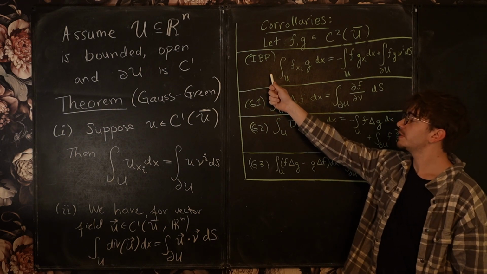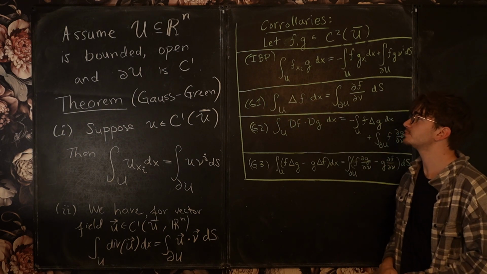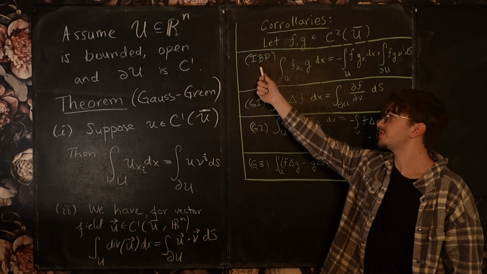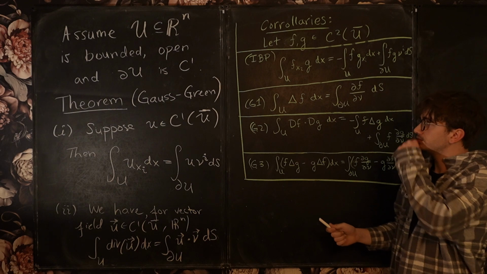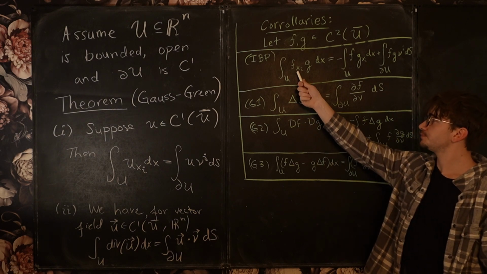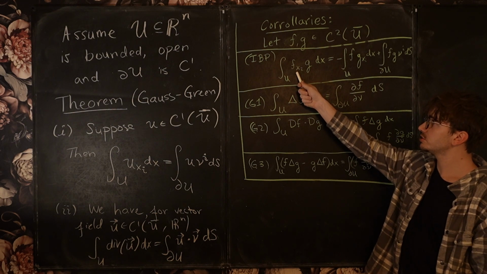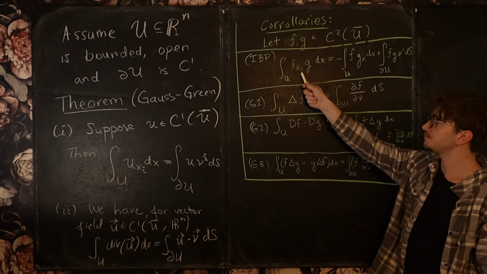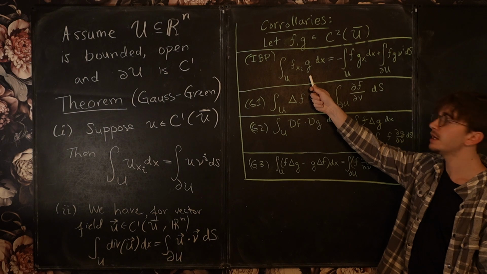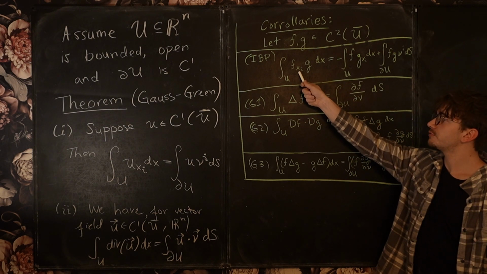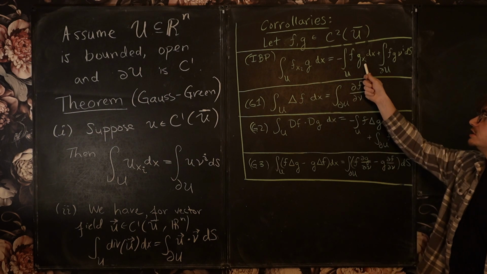Then the first formula is the integration by parts formula. In fact, for this first formula, we only need an assumption that these functions are C1. Then I have that if I take f, the partial derivative of f with respect to x_i, multiply that by g, and integrate over U, I can basically transfer this partial derivative with respect to x_i onto g.